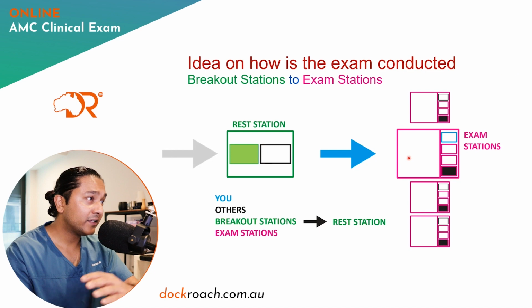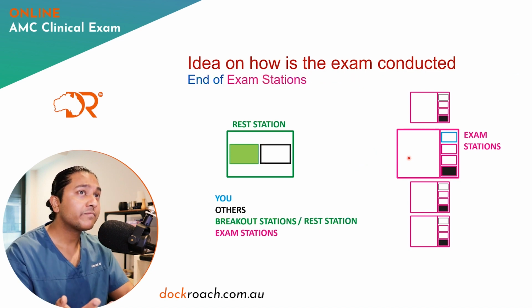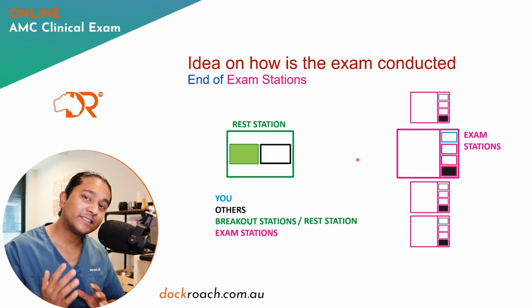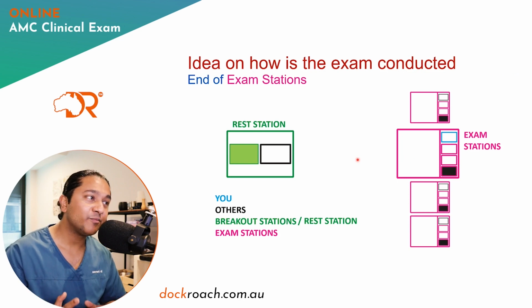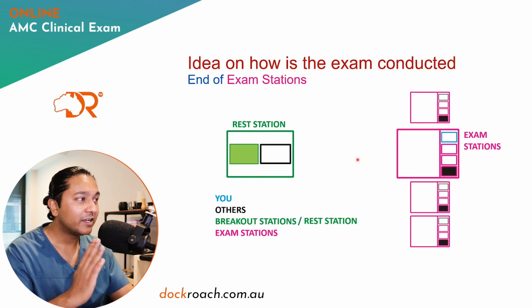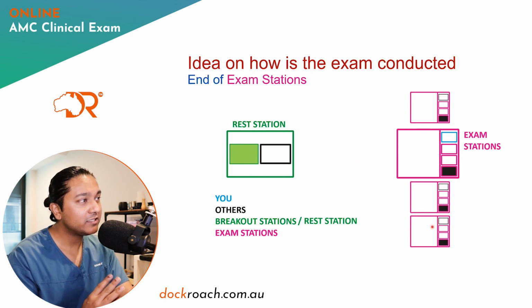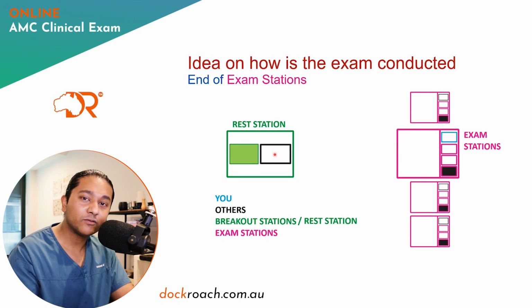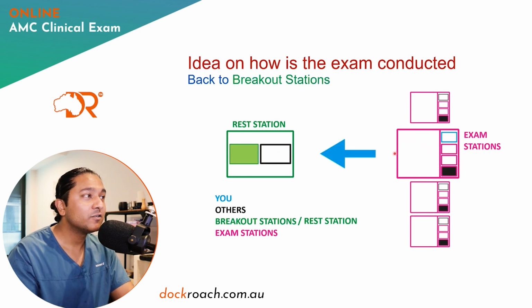Then the exam goes on. When the exam has concluded, that means after your assessment time, when you finish your 8 minutes of assessment time, AMC is going to move you from these exam groups back into the breakout station. So from here, you're going to be moved back.